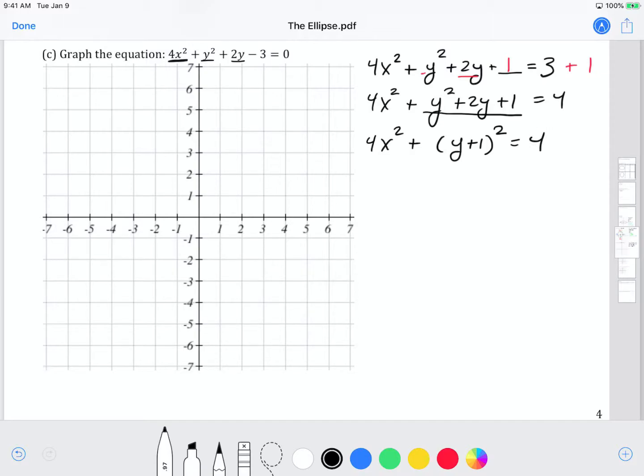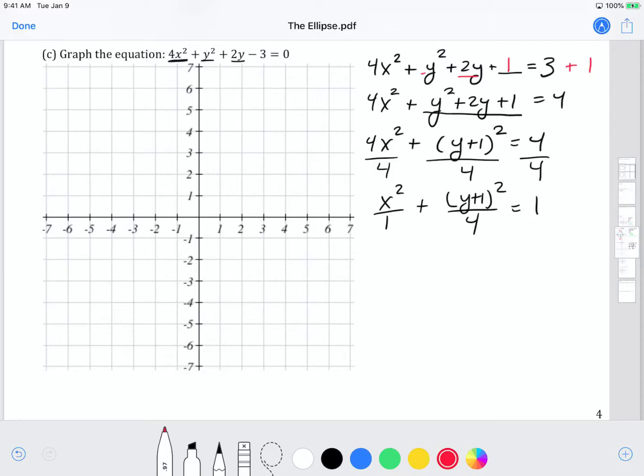Now I have to divide everything by 4 so I get a 1 on the right-hand side. So when I divide this by 4, this by 4, and this by 4, I get x squared over 1 plus y plus 1 squared over 4 is equal to 1.